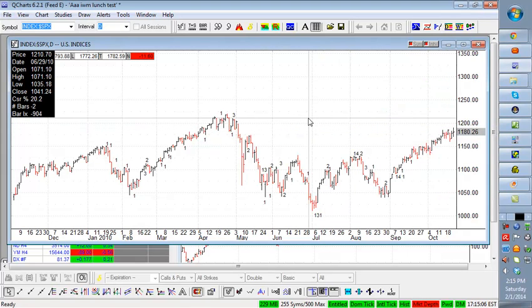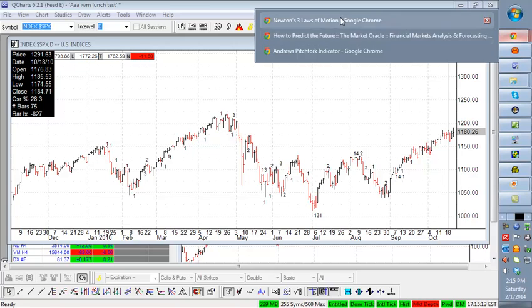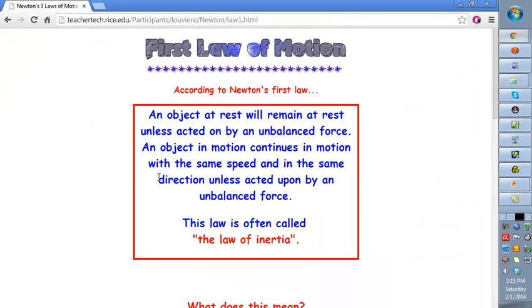Now, what's interesting about this is this also takes into consideration the first law of motion. And just a little refresher, an object is at rest and will remain at rest unless acted upon by a force of some sort. And an object in motion continues in motion in the same speed, in the same direction, unless acted upon by some force.